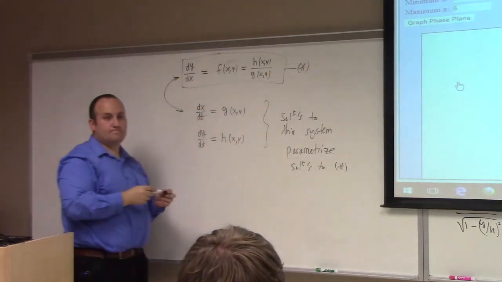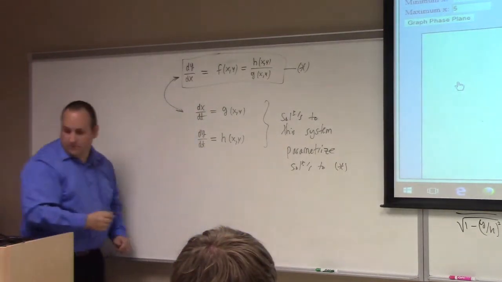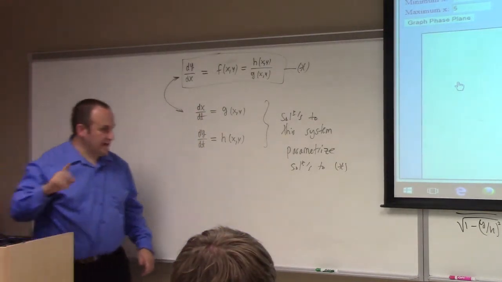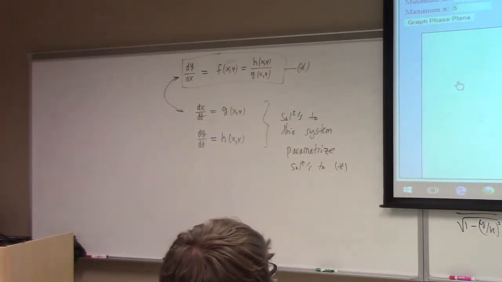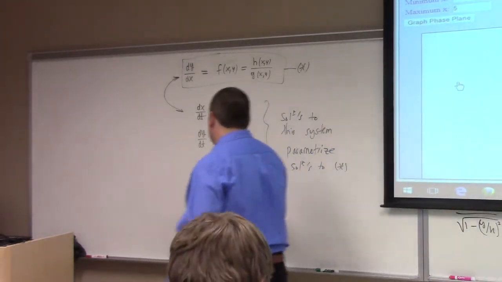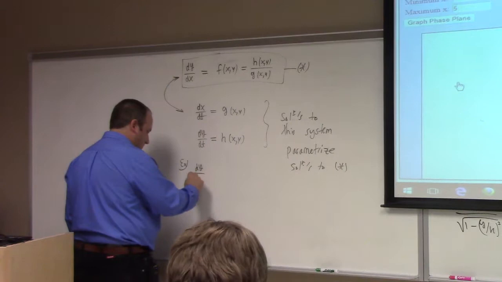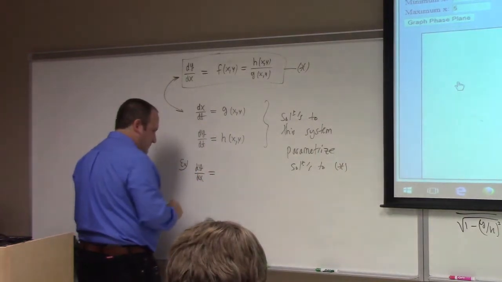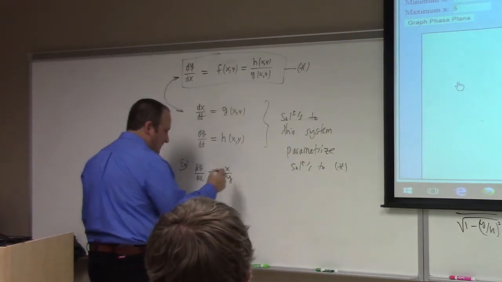All right. So let's start out with a basic example. I think this was one of the ones we worked out last class, the circle one. It was dy/dx equals minus x over y.